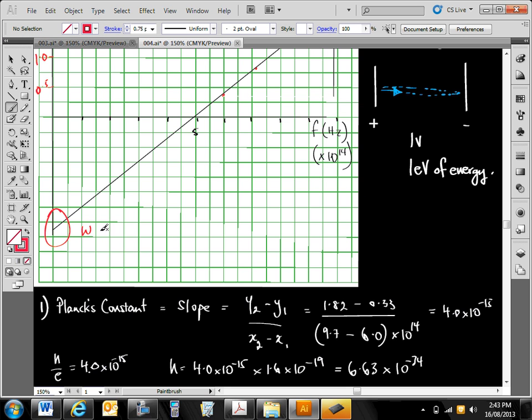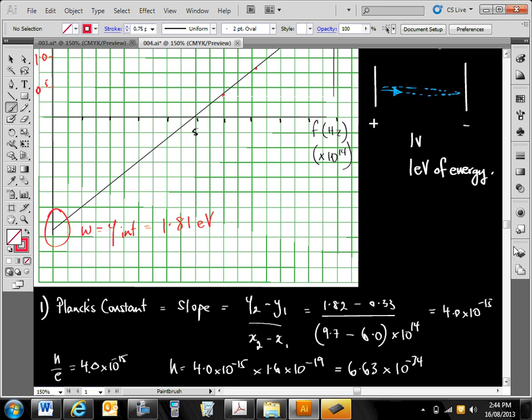W equals y-intercept, which equals, what did we say? 1.5? That's 1.75, 1.82. Wait, 1.81 eV, I'll say, by my graph.